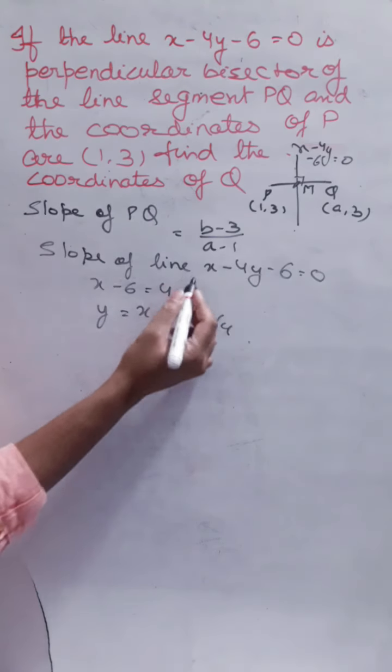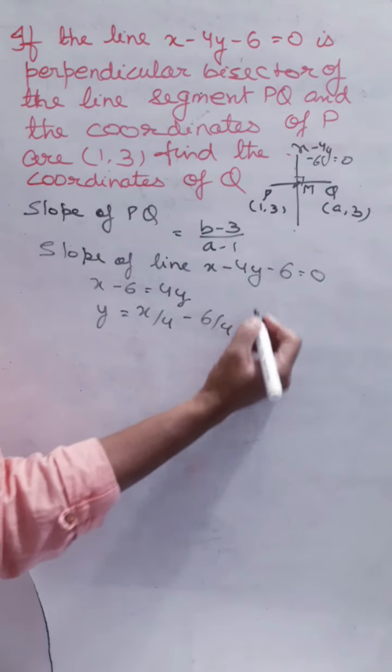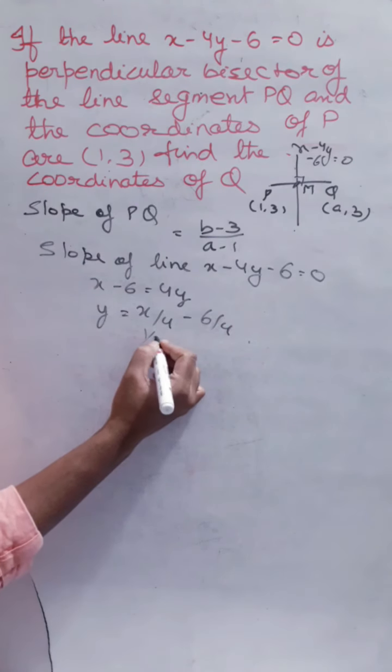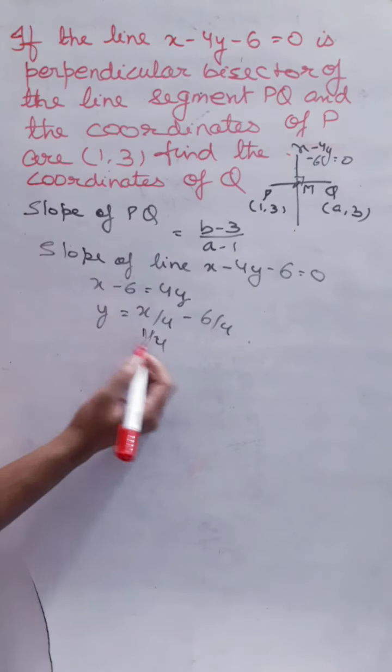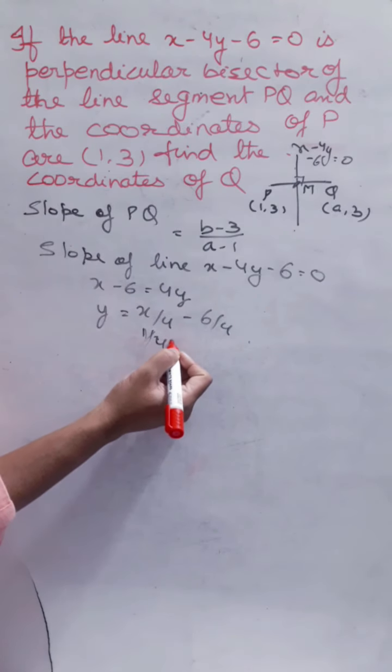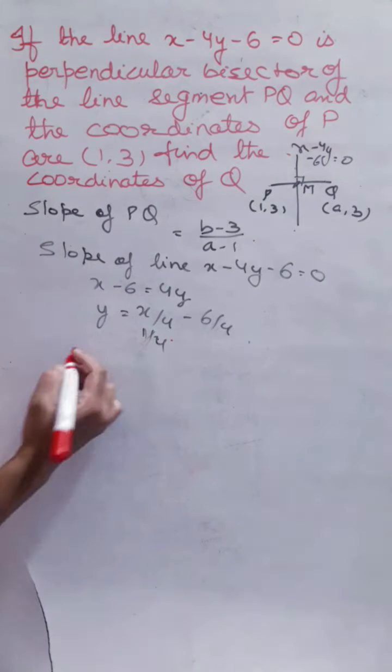So the slope of this line will be 1/4. Now because these two lines are perpendicular, the product of these two slopes will be equal to -1.